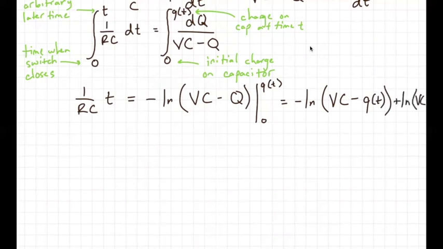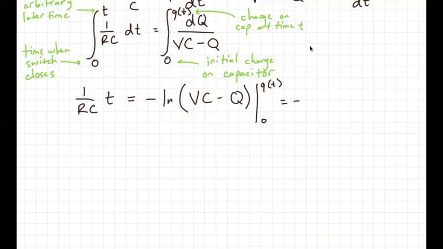Actually, let me rewrite this again, just thinking about how much space I have. So this is minus log of VC minus Q of t plus log of VC.